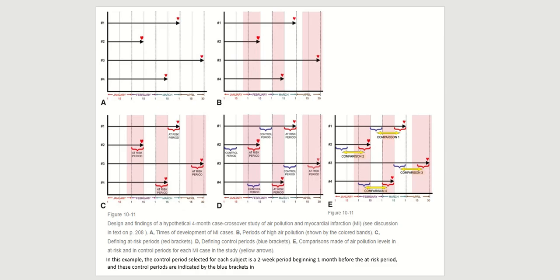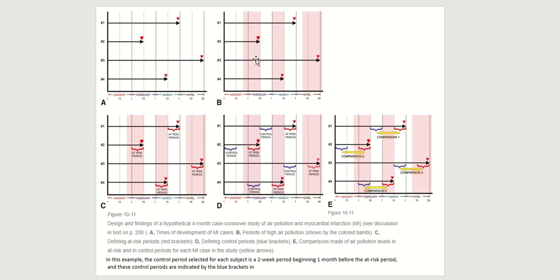Okay, so the way we're going to look at this is we're going to start with A, and in A you have 4 individuals, and the follow-up is from January, February, March, April, meaning January 1 to April 30, and you have the exact date when these people actually had their outcome, which is related to the heart. So this is the first slide.